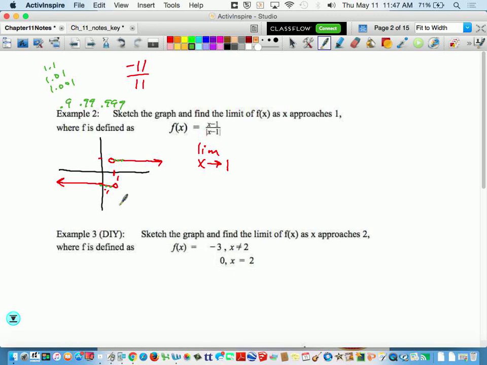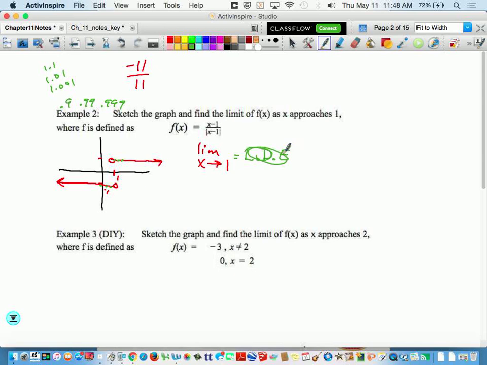So if you put your fingers in the air, right, one is here and one is here. Are your fingertips coming to the exact same spot? No. One is up at positive 1, one is down at an output of negative 1, and they're not coming together. So what's the limit as x approaches 1? There isn't one.